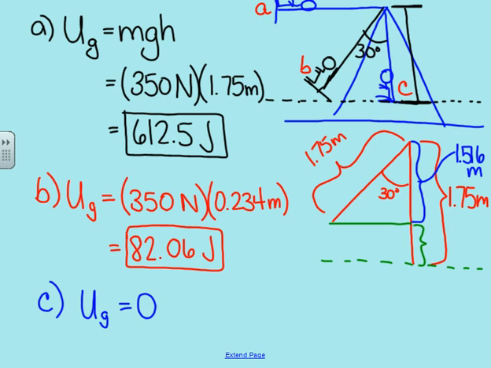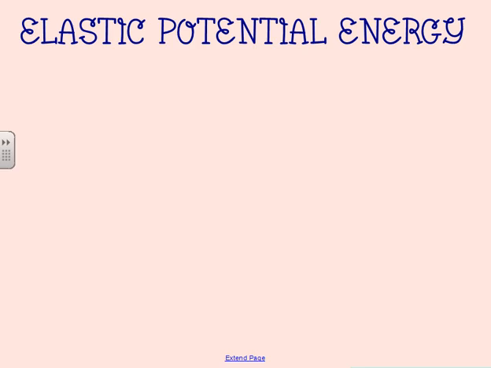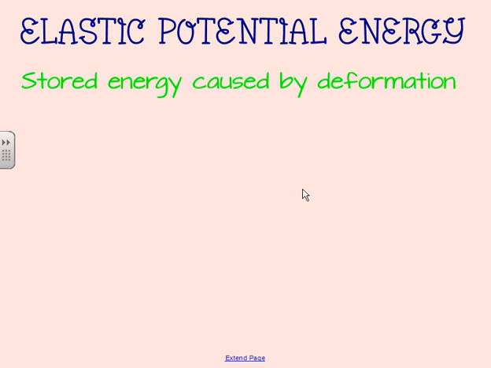We'll use and calculate the potential energy in many more problems to come, but we're going to move on to the other type of energy now, and that's elastic potential energy. Elastic potential energy is potential energy or stored energy caused by deformation. We will often deal with this type of potential energy as we're talking about springs and stretched or compressed springs.